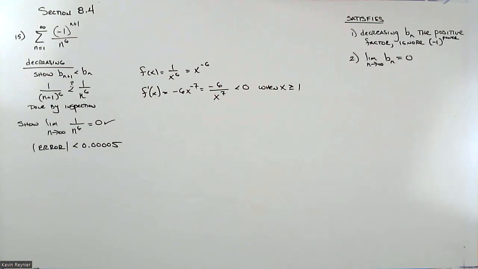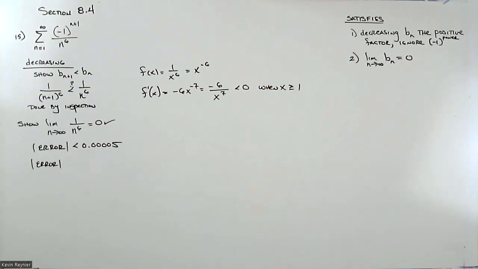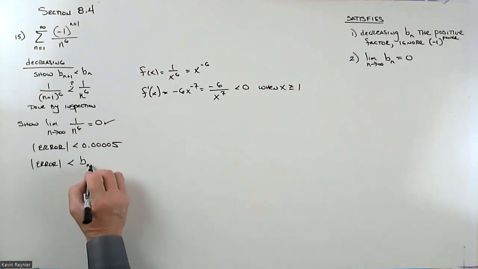Now, what do we know? We know that our error, by the alternating series estimation theorem, is less than the very next term.